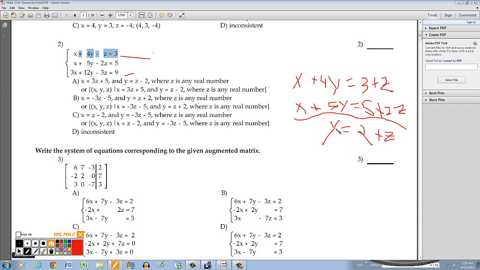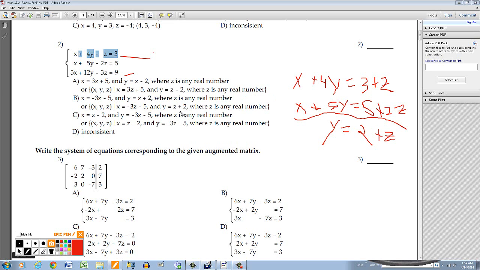So this tells me then that the solution is infinite, and I'm solving for x and y in terms of z. So notice this tells me that y is equal to 2 plus z, or if you read it the other way, that's z plus 2. But if you look at these, there's only one that has that.